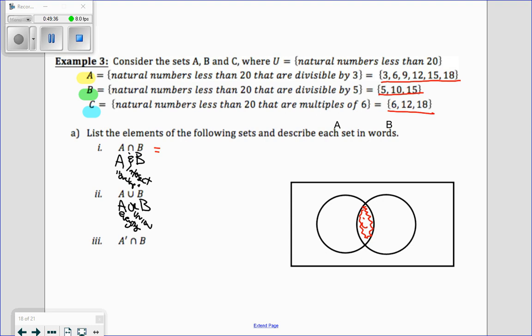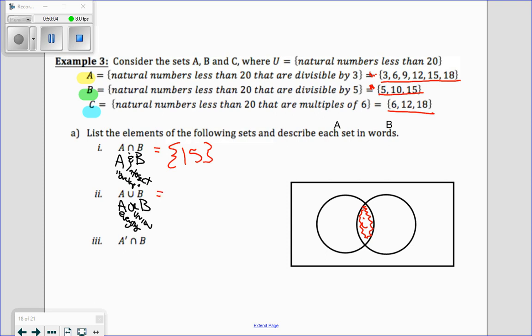What is the overlap between A and B? What are the numbers that are in both sets? Just 15, right? So it's just 15.